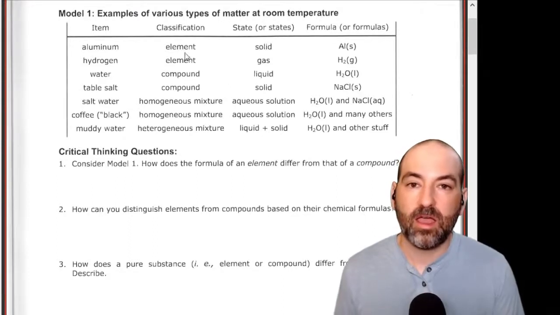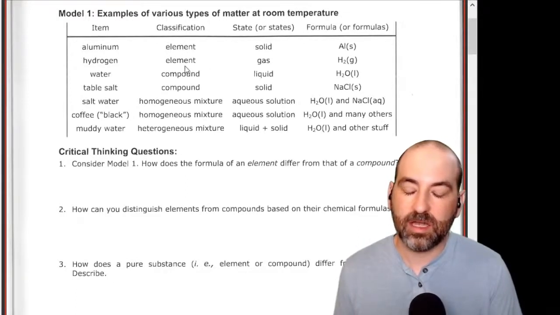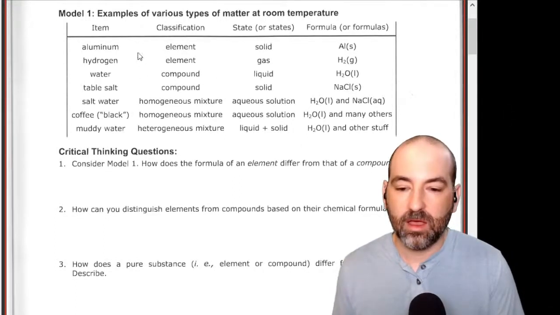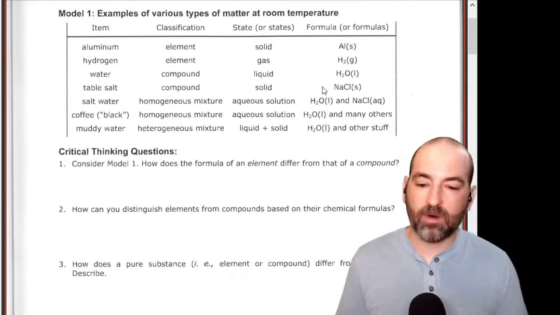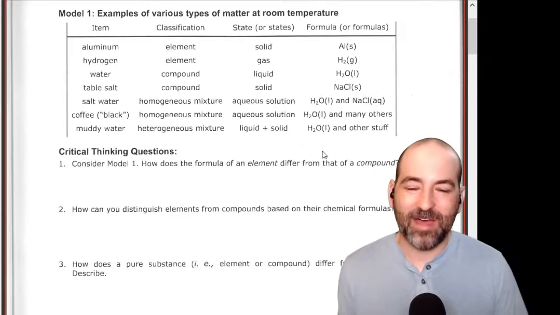So let's take a look, and we've got the first one here. Aluminum is classified as an element, hydrogen's classified as an element, and then water and table salt are classified as compounds. Then we can look at some similarities and differences and try to figure out how the formula of an element differs from that of a compound.